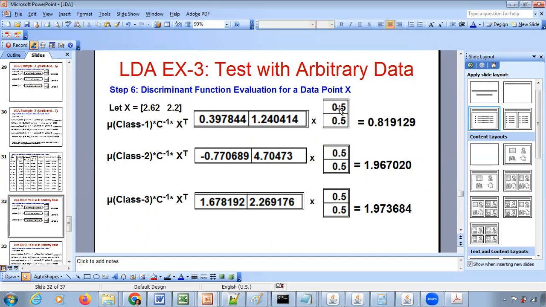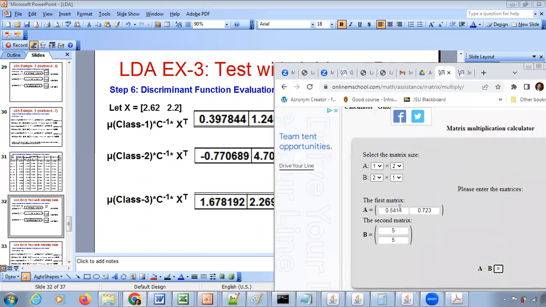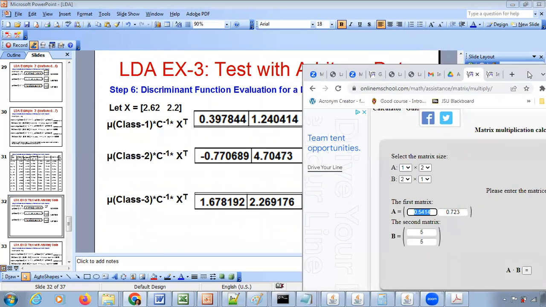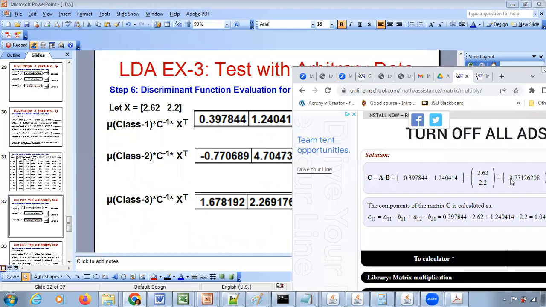You need to multiply with the transpose of 2.62 and 2.2 here. This is 1 by 2, so we have it set up already. For class 1, 0.397844 and 1.240414 times 2.62 and 2.2 comes out to be 3.77126.